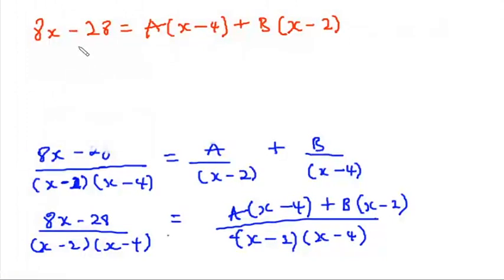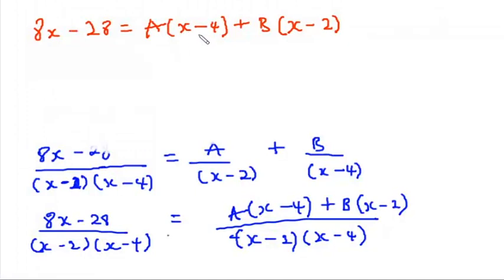Okay, so next up, we need to find values of x that will be able to eliminate either a or b. So we need to pick a value of x that if we plug it in here will eliminate a and then give us the result for b, or pick a value of x that will eliminate b and give us the value of a.